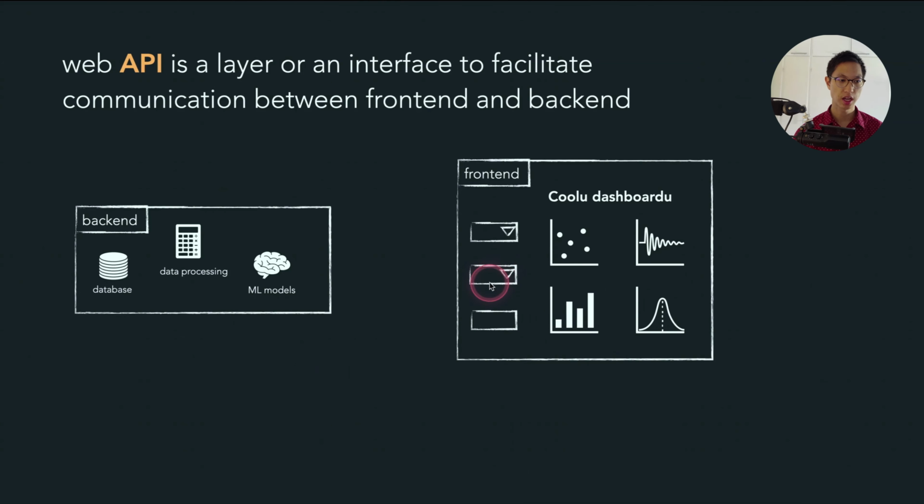This could be done in many cases. Many people create, for example, a Streamlit application where you connect directly to your backend, but then your backend and frontend are quite tightly coupled. And what you want, when you're getting a bigger and bigger application, is to be more scalable.